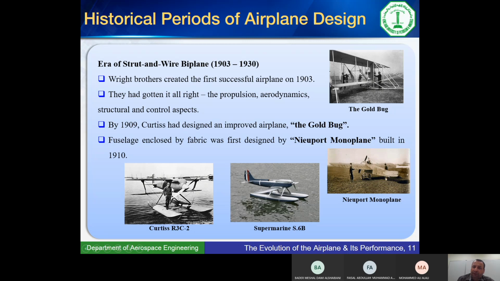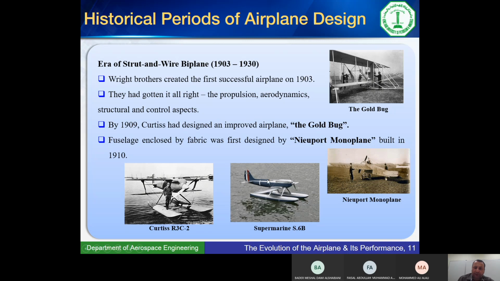This is one aircraft that won the Schneider, a famous race called the Schneider race. It was designed by Curtiss, and he established his own company. Then we had Supermarine, which won that race 3 times, and so they kept the trophy for themselves, just like the soccer trophies. They kept it for the company.